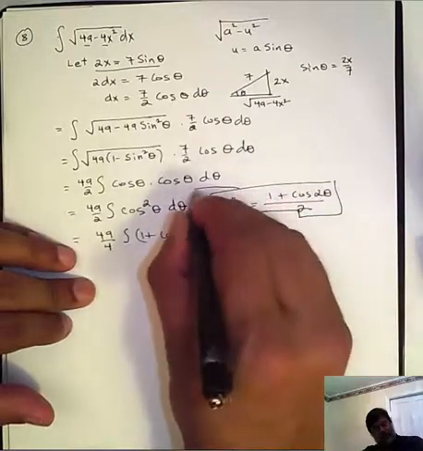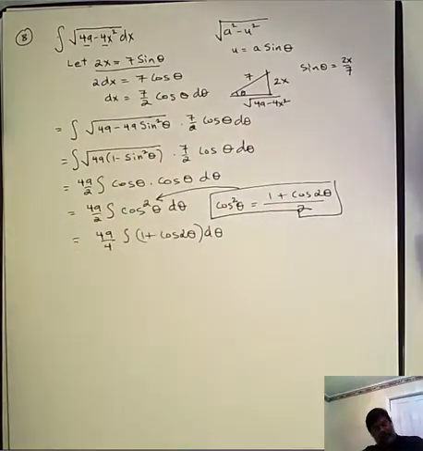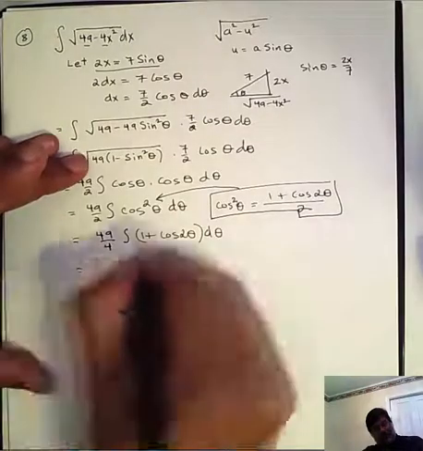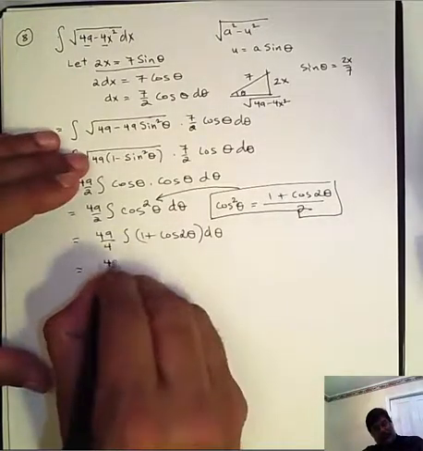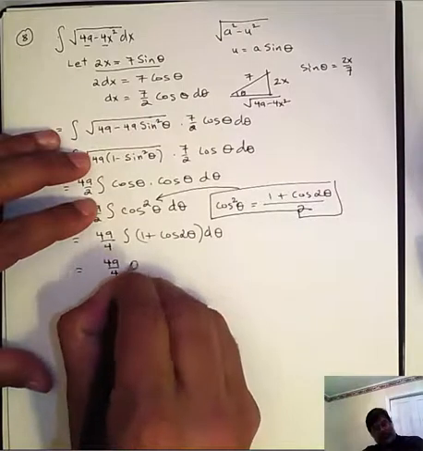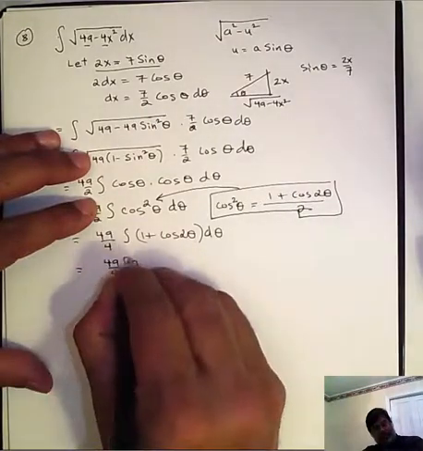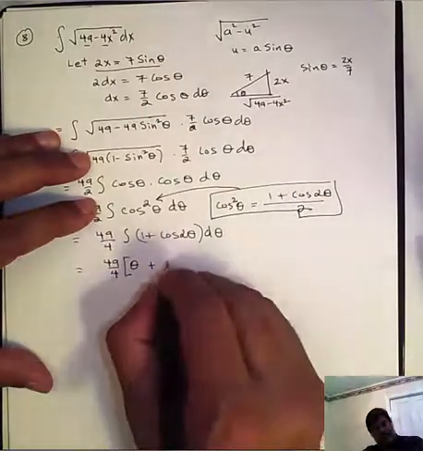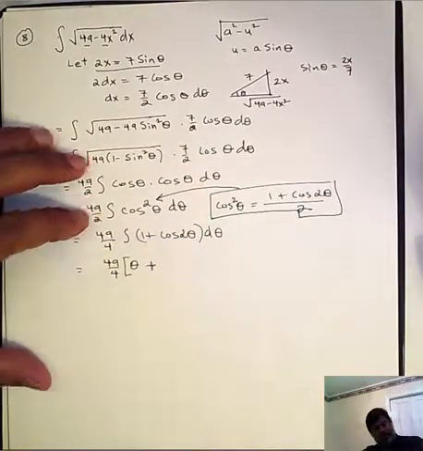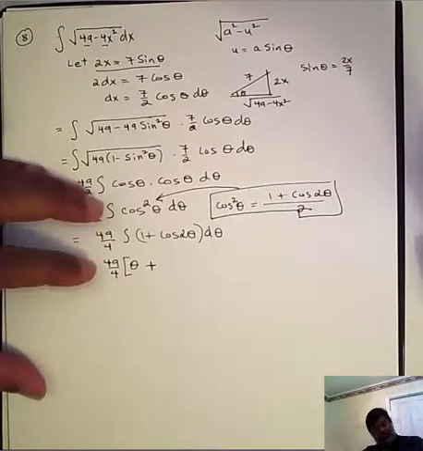We made this change for ease of integration. Now if I integrate this one, I get the integral of cosine 2 theta, which is sine 2 theta.